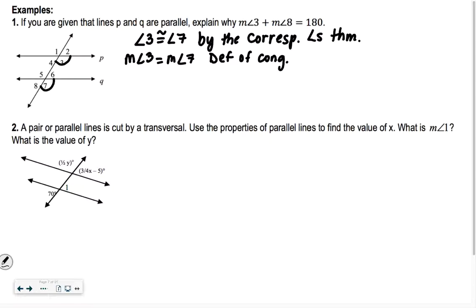Okay, but we also know that measure of angle 7 plus measure of angle 8 equals 180. So how do I know 7 and 8 have to add up to be 180? By the definition of, yeah.